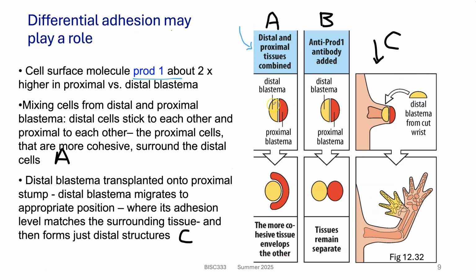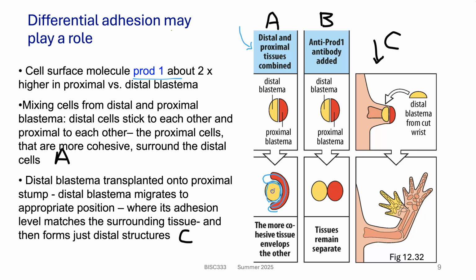And if you mix those two cell types together, connect them, then what happens is each of the cell types stays together. So the proximal and the distal ones stick with each other, right? And then there's this process where the more cohesive structure, maybe because the binding is tighter or something, tends to envelop the other.